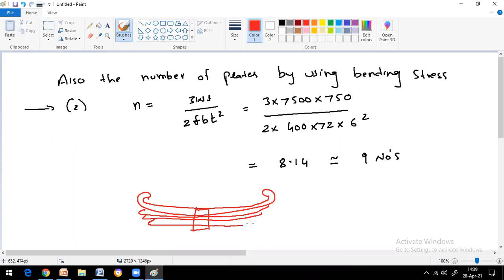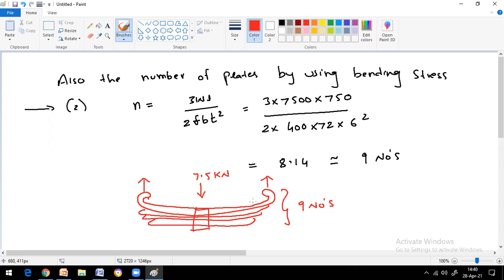Here these plates are going to be 9 numbers. This is something like a simple support, and the load will be acting like this. This load is 7.5 kilonewton.